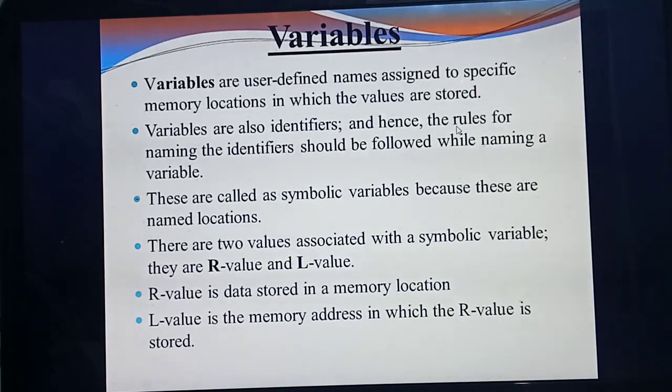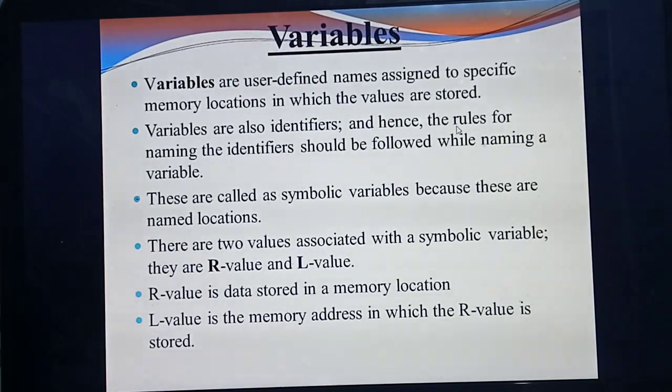Integer means natural numbers, whole numbers; all numbers come under the integer data type. So I am declaring a variable called a equal to 5. What's the meaning? The value of a is 5. The a we call a variable.